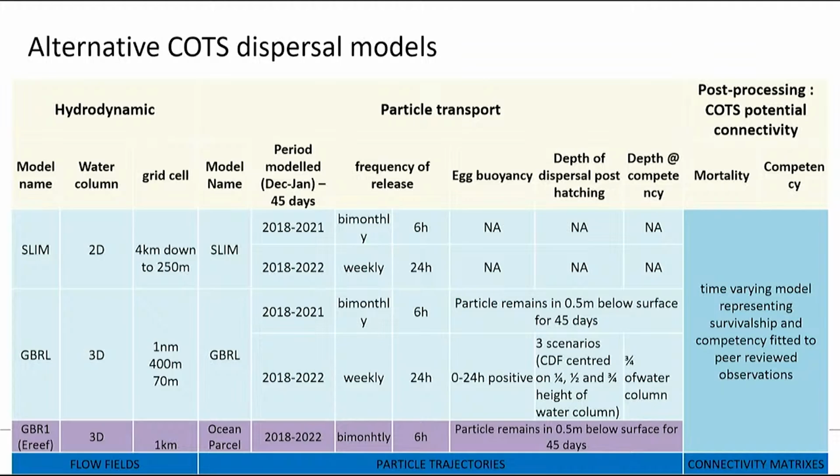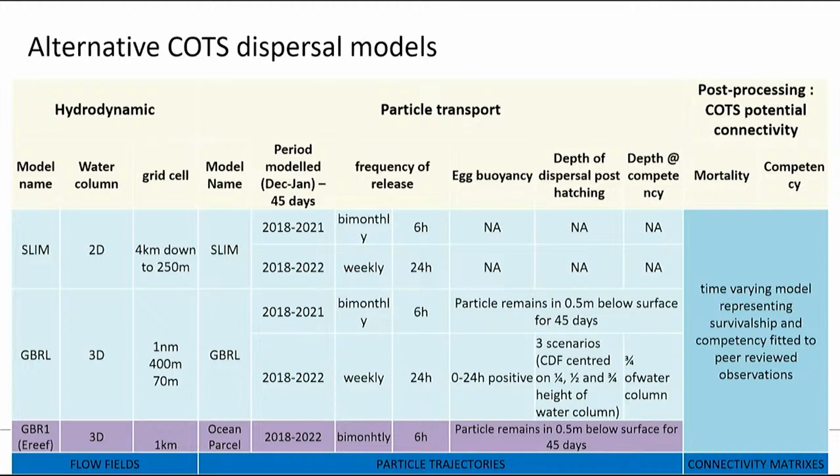Some are depth averaged, some are 3-dimensional, some just do the barotropic, some also include the baroclinicity. These 3 models were then run, one of them by ERIF, for the periods where we needed to understand COTS dispersal.